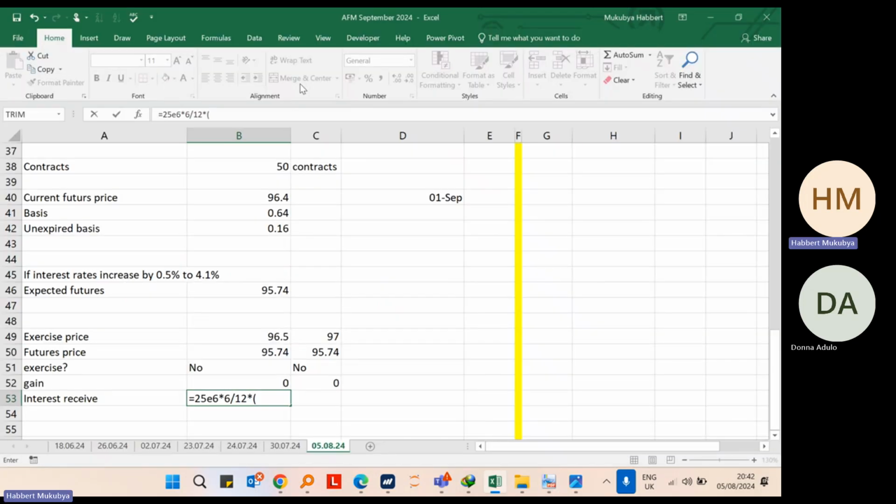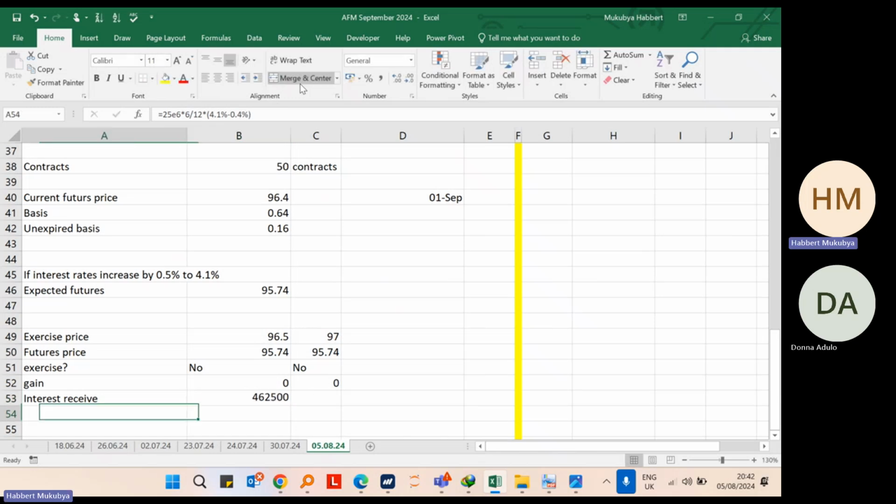So A star right now is 4.1% minus 40 basis points, which is 0.4%. So basically, you would earn 460 to 500 in both cases.